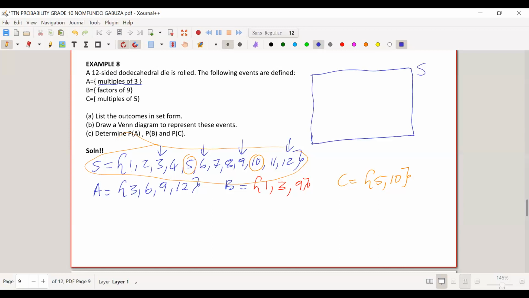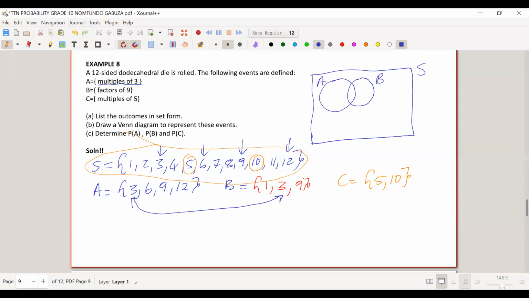This is the sets. A and B meet at 3, which means they do intersect. So this is our A, this is our B.